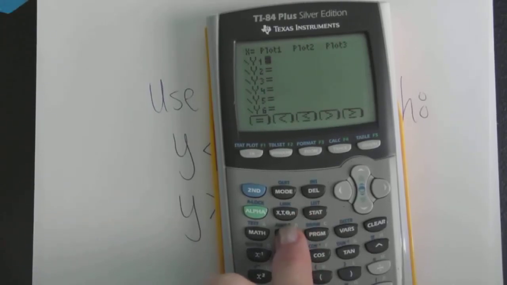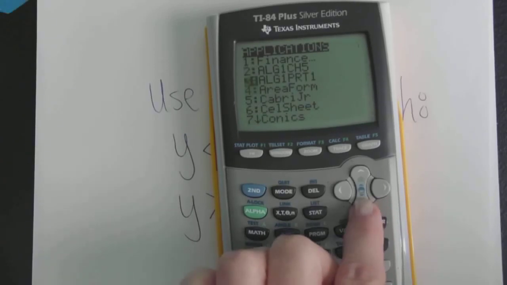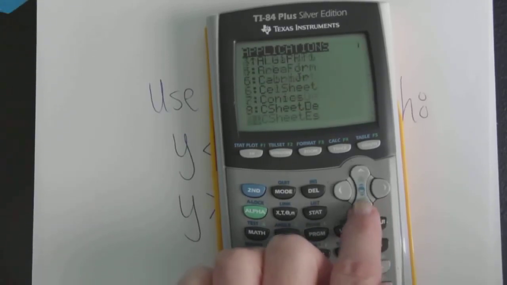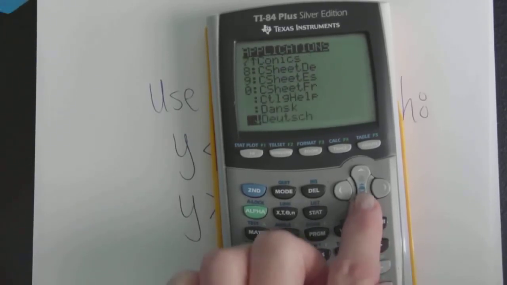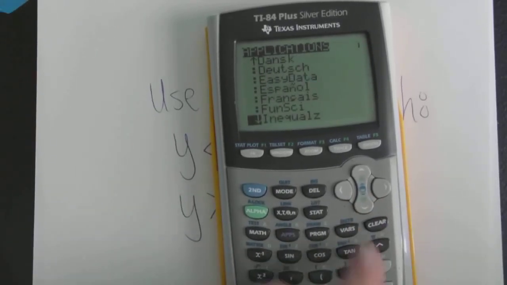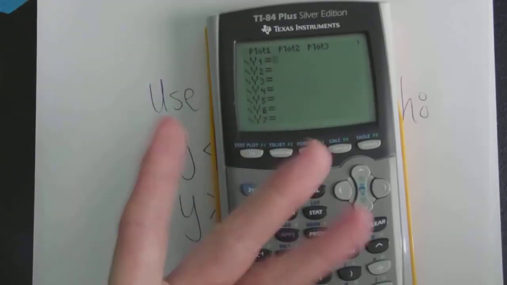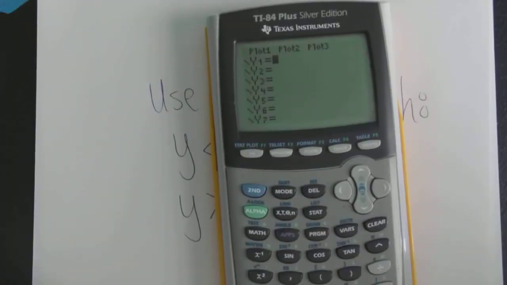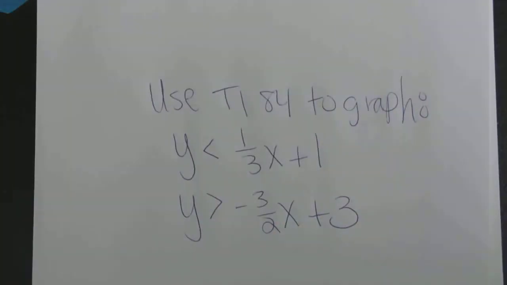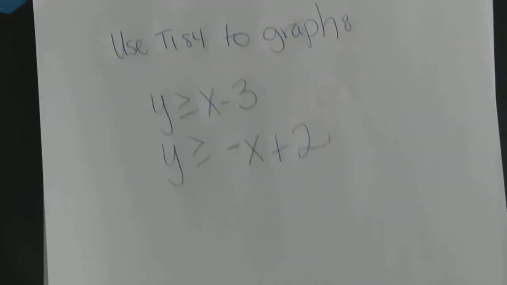Now I'm in inequality graphing, Y equals, and ta-da, it's back. I don't want it. I press apps again, and I go down, and I turn it off. So very easy to go back and forth depending on what you want to do. Enter, and then I quit. And now I'm out, go back to Y equals, and now I'm just back to normal.